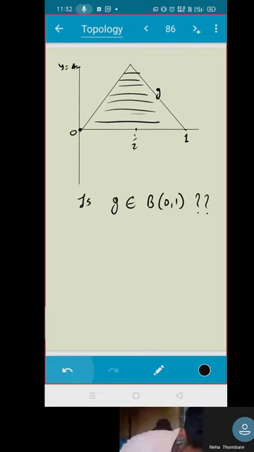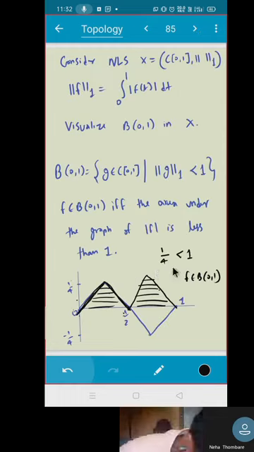And what is this area? Two. 2, correct? And here I think I have not multiplied the half, so it will become 1/8.